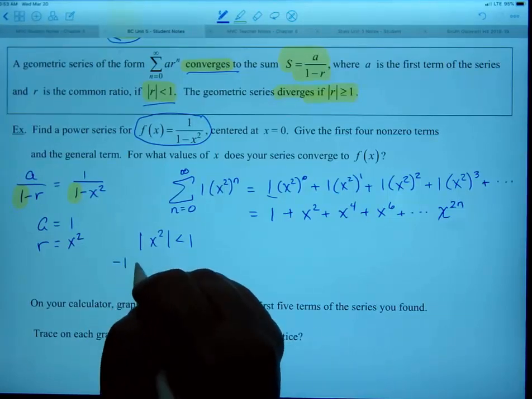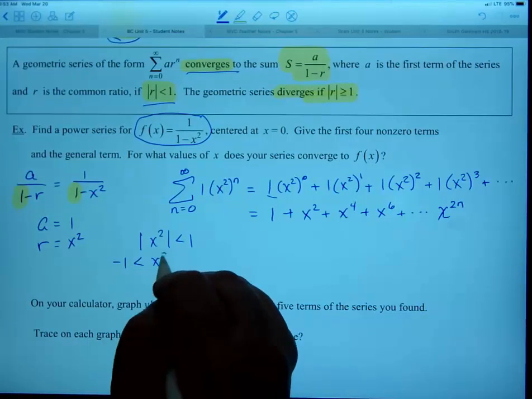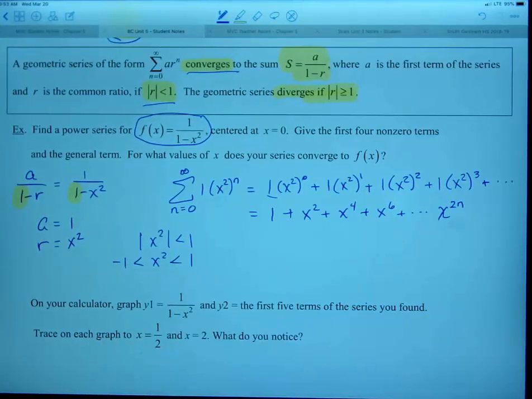Now, this is what we usually do right there. The squared kind of makes it a little weird, though. Can something squared ever be negative? No. Okay. But what I plug in for just plain x, if I square it, it could be negative, right?